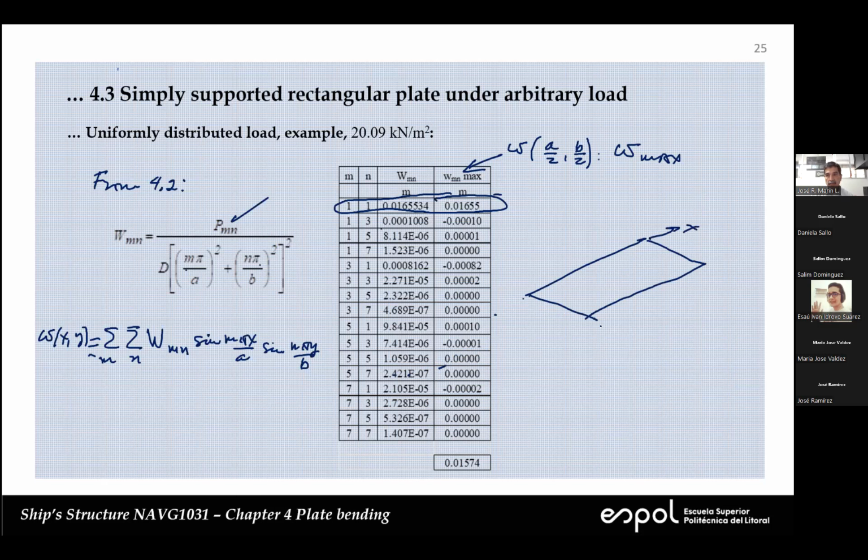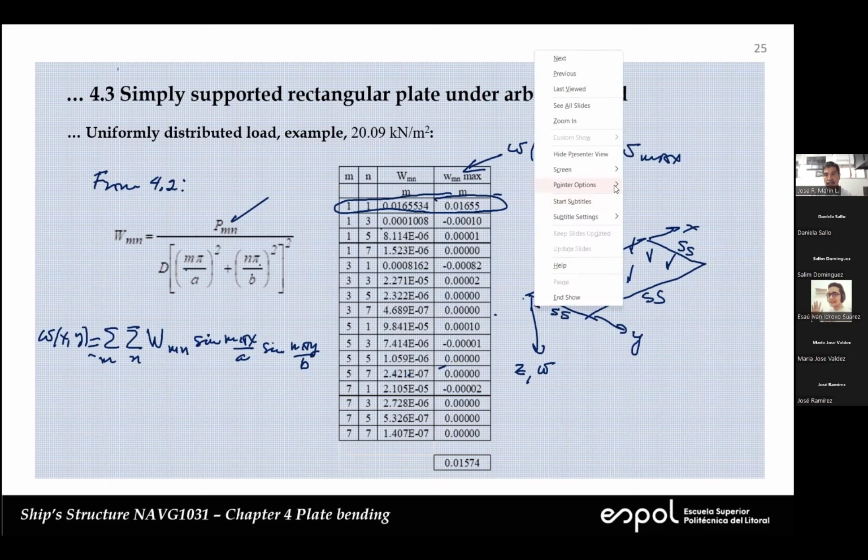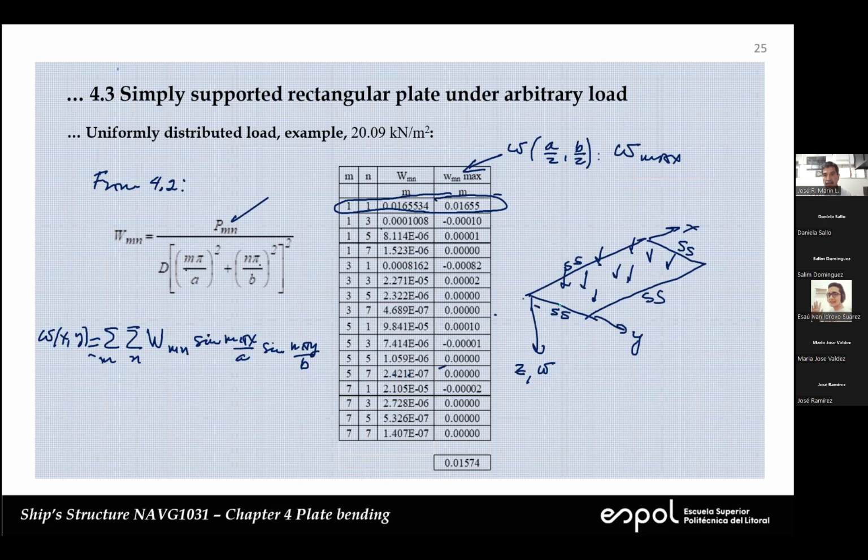This is X, this is Y, this is Z, and I measure W in this direction too. And the load is uniform. Okay, and this is simply supported over all edges. So it makes sense to have, let me change color, the deflection be something like this.